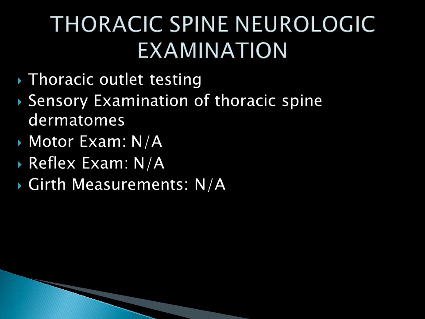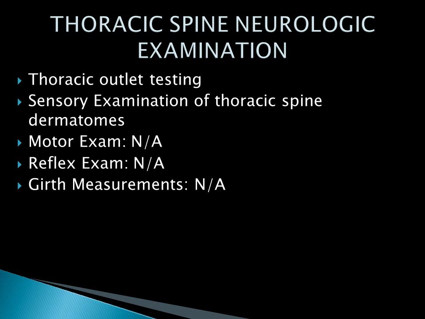Thoracic spine exam includes testing the thoracic outlet, where cervical and thoracic spine nerve roots can become compressed with any of the various thoracic outlet syndromes. It also includes sensory examination of the thoracic spine dermatomes.